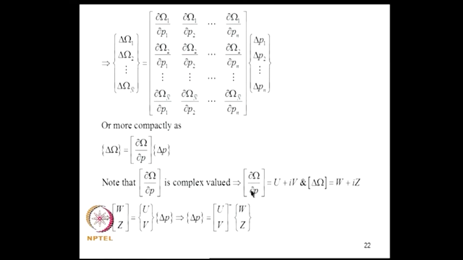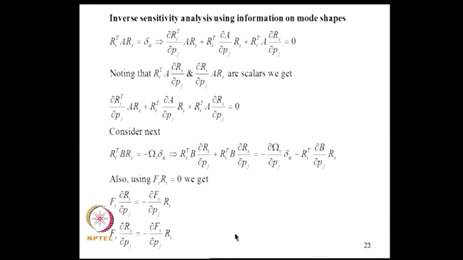Now this is a complex valued quantity, therefore I can separate the real and imaginary part. I will write u plus iv and delta omega itself as w plus iz. So I substitute here and separate real and imaginary parts, I get these equations. From this I can get delta p as this equation. Okay, so this is the updating equation that we have to use.